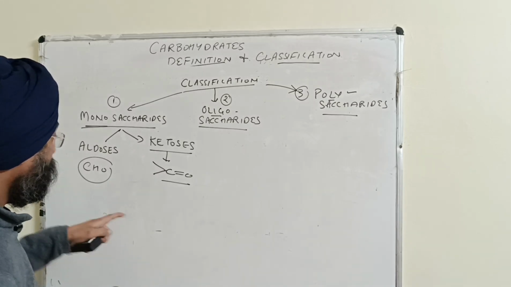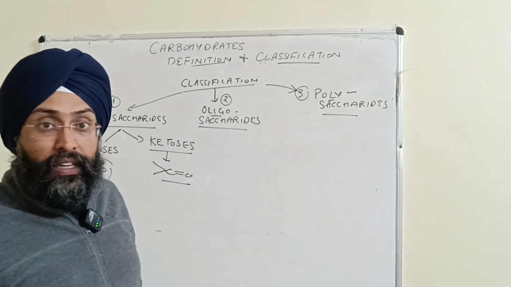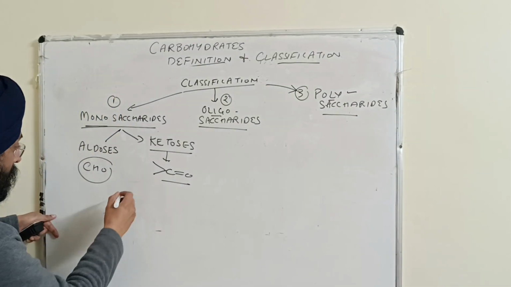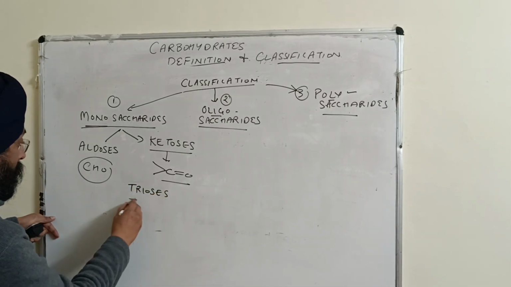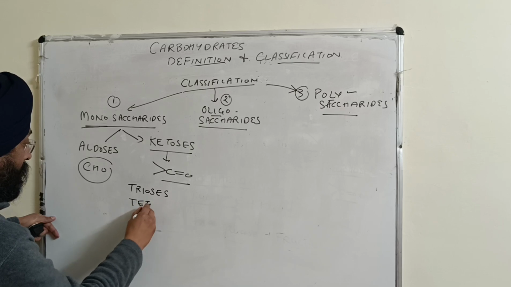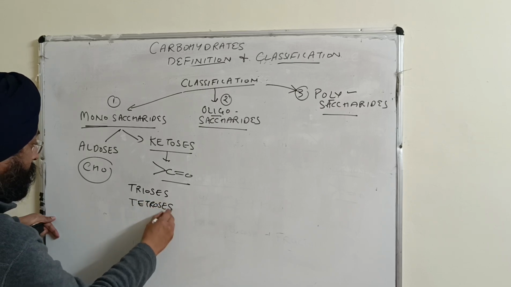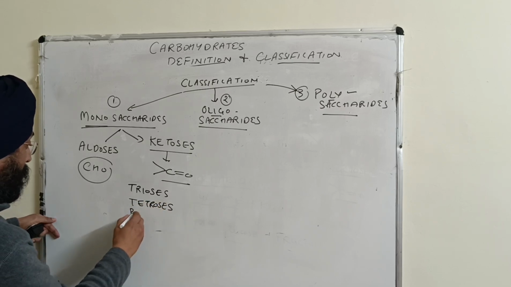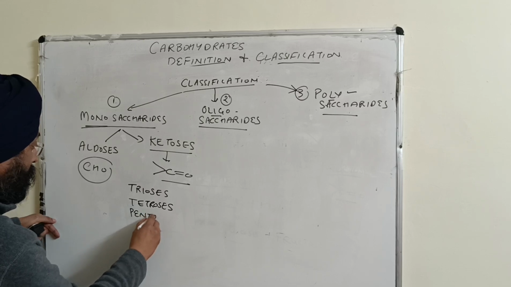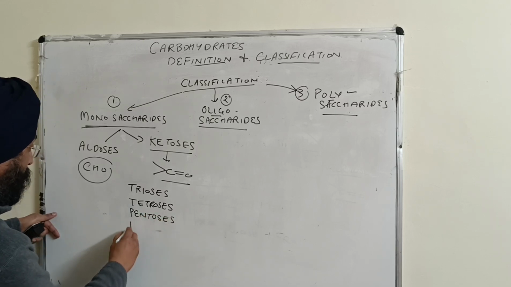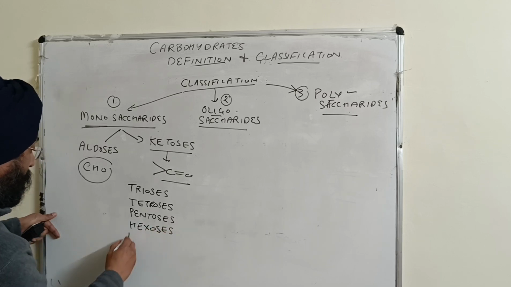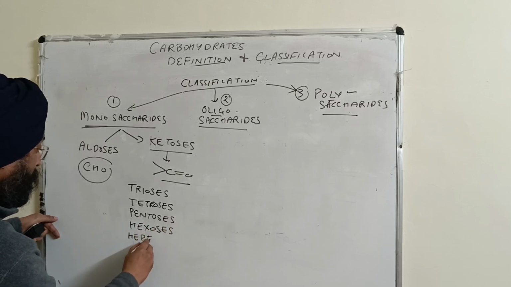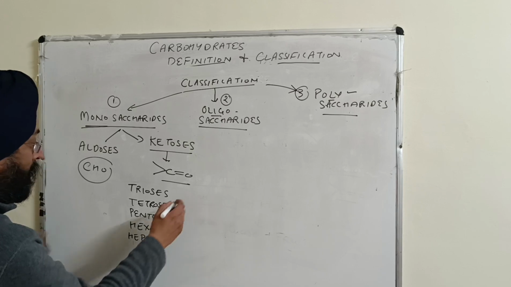And moreover, on the number of carbon atoms, they are categorized into trioses, tetroses, pentoses, hexoses, and heptoses, right?